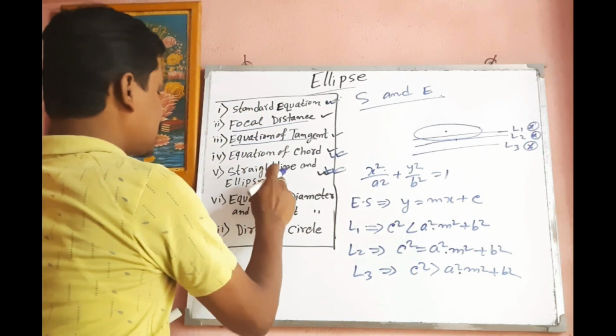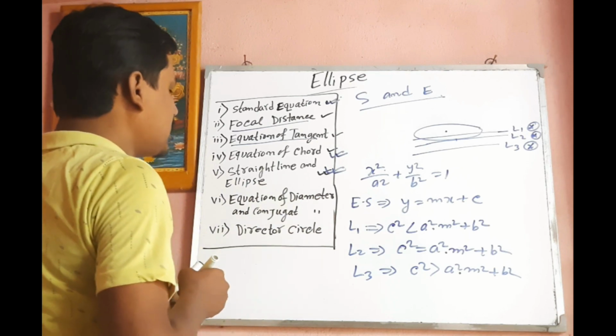This is the completion of this section, and I move to the equation of diameter and conjugate.